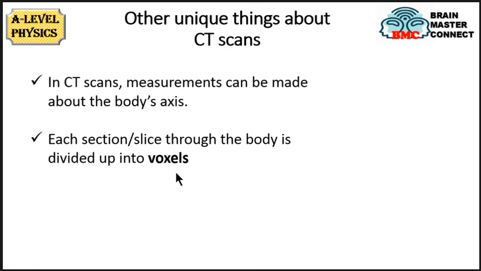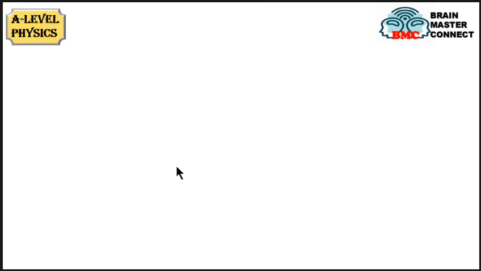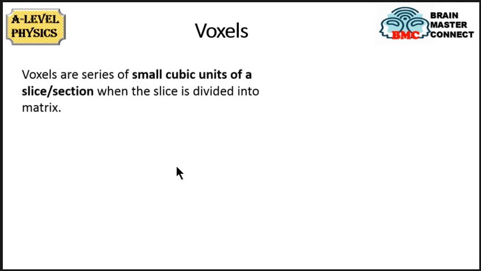But the question is, what is even a Voxel, or what are Voxels all about? So let's quickly take a look at Voxels. Well, the description of Voxel is very simple. Voxels are series of small cubic units of a slice or section when the slice is divided into a matrix.